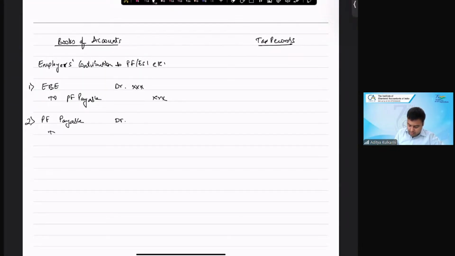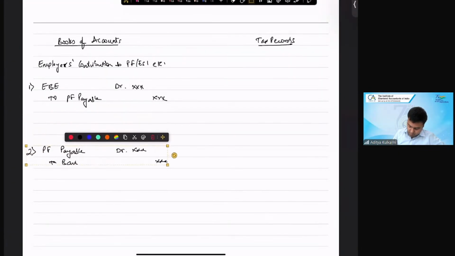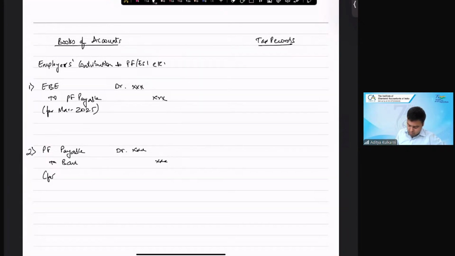PF payable debit to bank. Paid in April 2025.